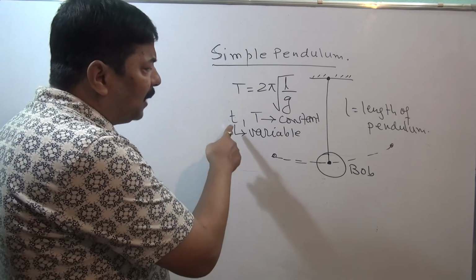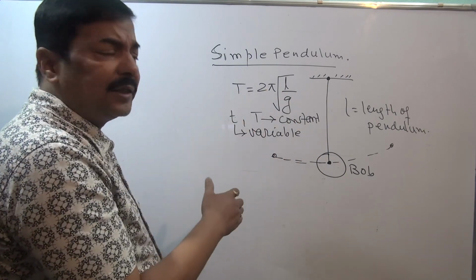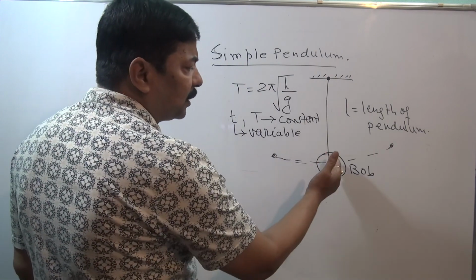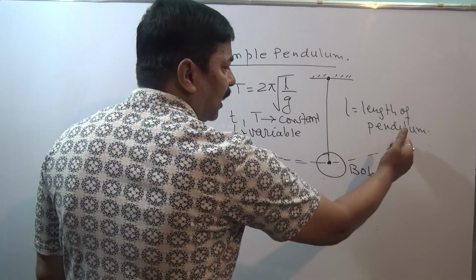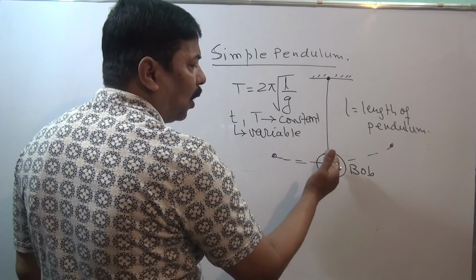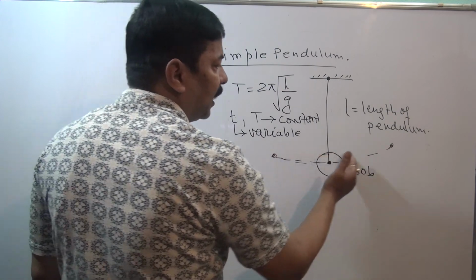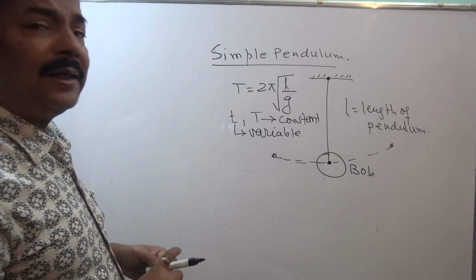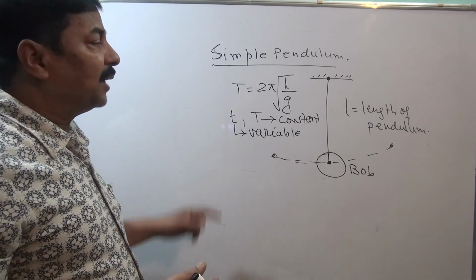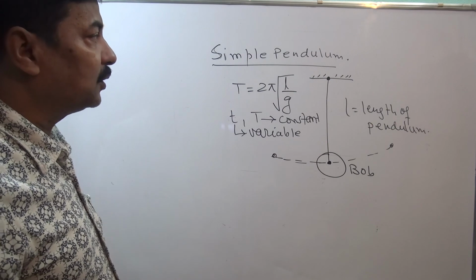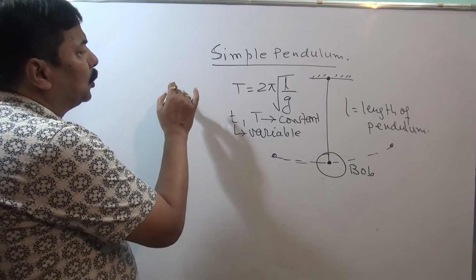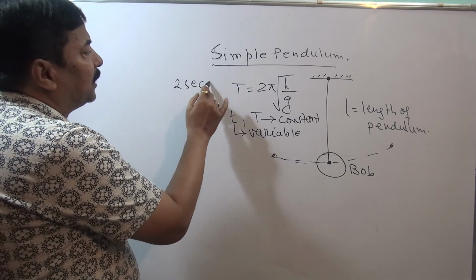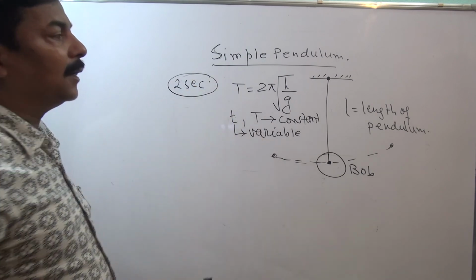And time is variable, it is continuously changing. If you start from here, it will be here, here, here, or if you start from here, it will be here, here. This makes one time period. And in the second pendulum that we use in case of your watch, the time period is 2 seconds. 2 seconds is the time period of second pendulum.